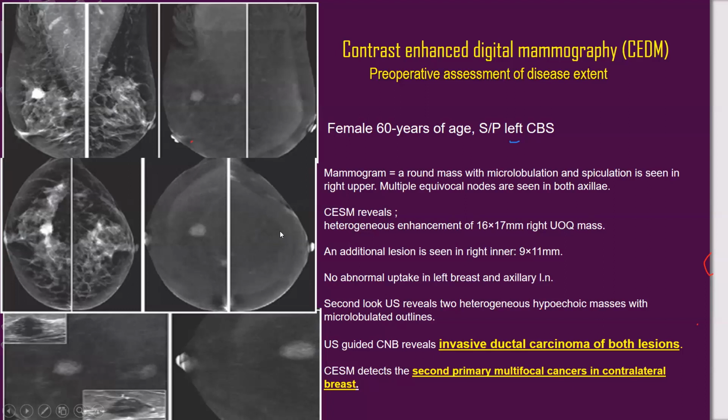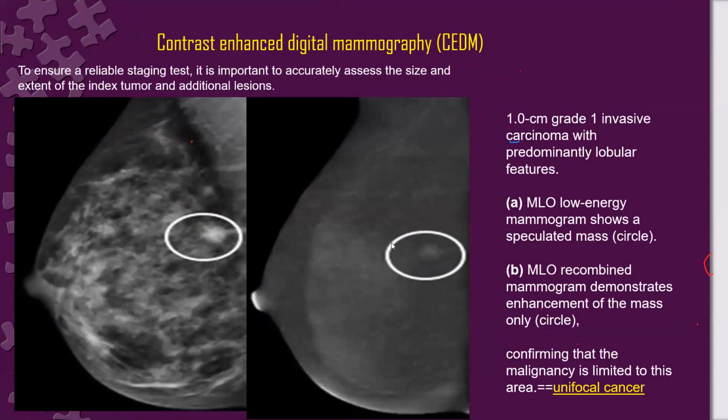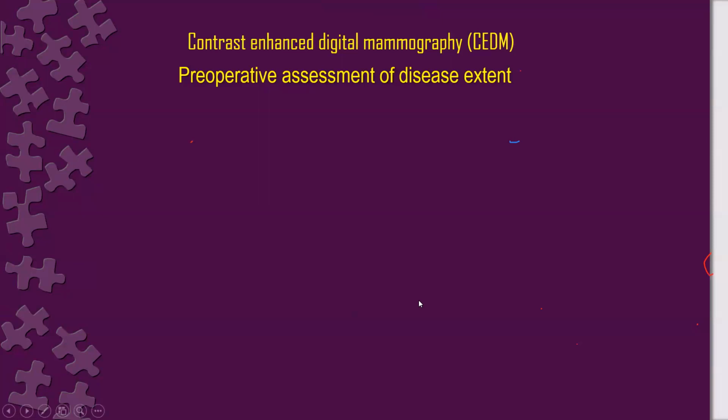However, in the contralateral breast, there was no abnormal enhancement. Another case was proven by pathology to be a second multifocal cancer. While in this case, after contrast enhancement mammogram in this dense breast, it confirmed that the cancer seen on the right breast is a unifocal cancer.